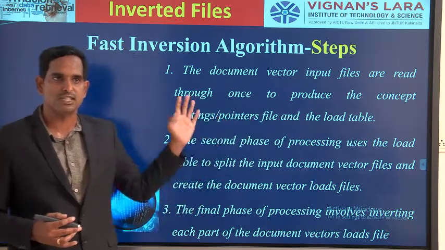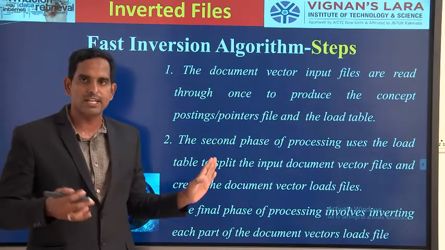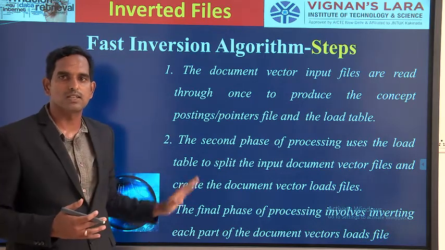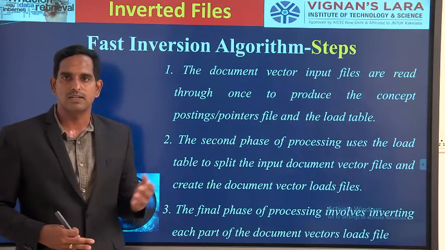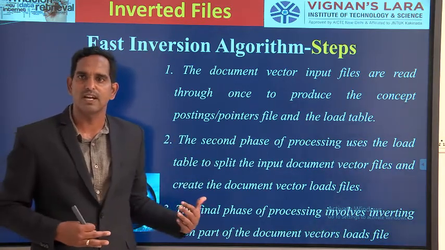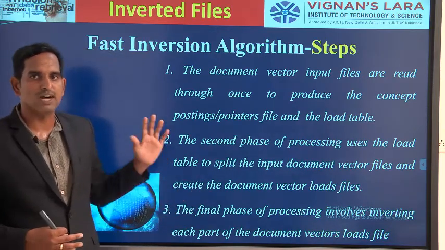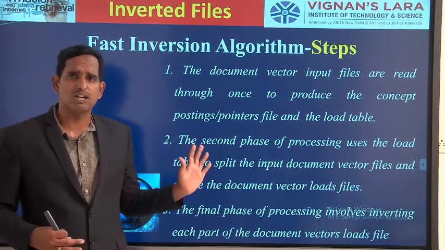The second phase of processing uses the splitting process, where you take the load file and perform the splitting. In the third step, we take the postings file from the first step and the memory splits from the second step to form the inversion file, which will be the complete inverted file. So this is the fast inversion algorithm.